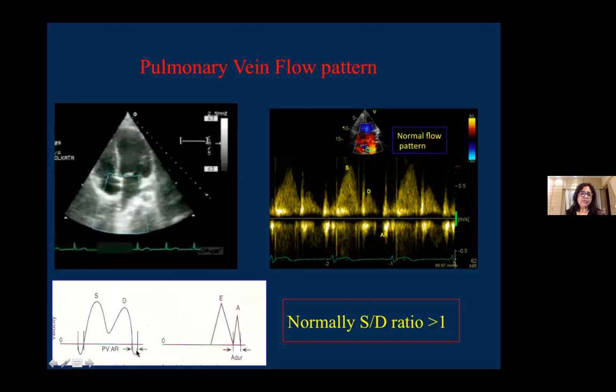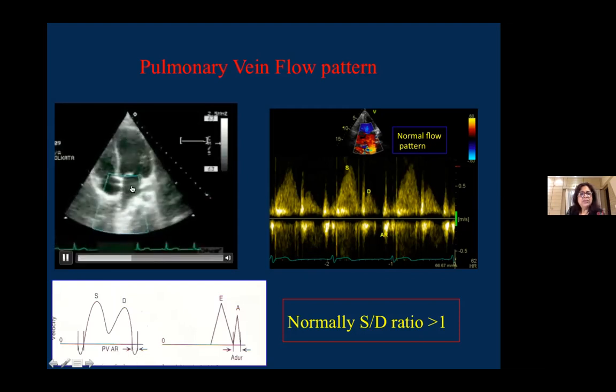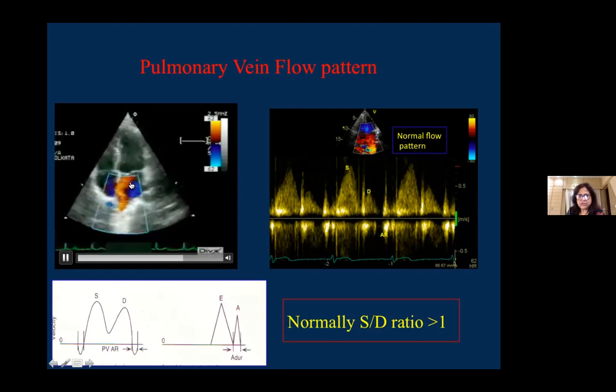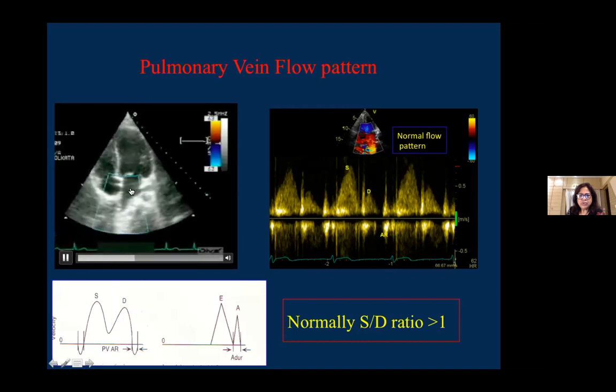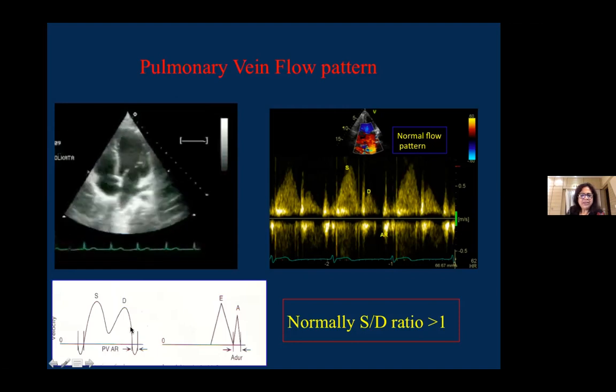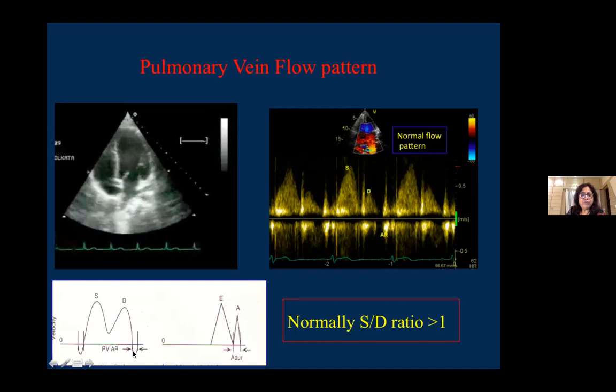And this atrial flow reversal corresponds to the atrial pump or the A wave. You see, when the left atrium contracts during the late rapid filling phase, most of the blood goes from the left atrium to the left ventricle. But there is a backflow of some amount of the blood to the pulmonary vein because of the LA contraction. So that gives a very small flow pattern below the baseline, which we call atrial flow reversal.